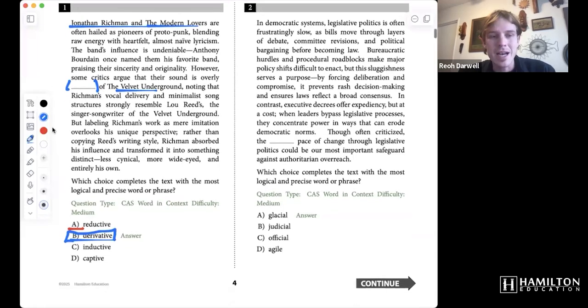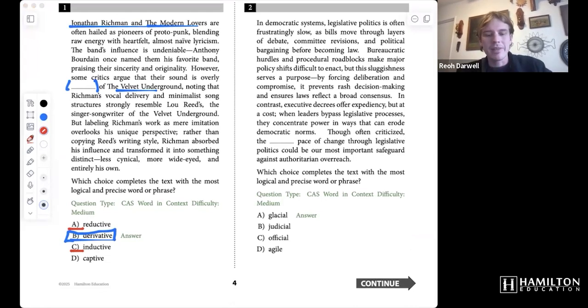Inductive, okay. First, let's think of what it means to induct, right? That means to include something in. So when you're inducted into a club or into a Hall of Fame or something like that, that means that you've been inducted in. When things are inductive, it's typically talking about reasoning, though.